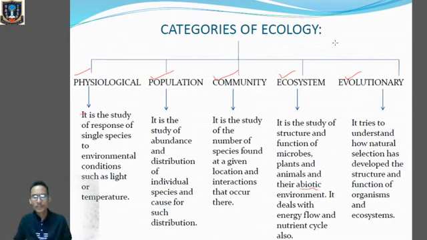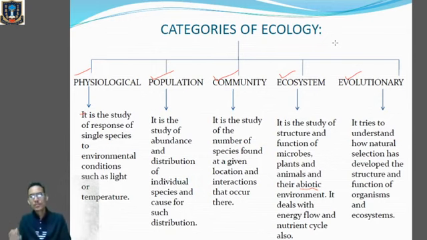So these are the five major categories of ecology. Physiological ecology deals with the interaction of a species with environmental conditions. Population ecology deals with the abundance and distribution of species and the regions of their distribution. Community ecology deals with the number of species present in a particular area and the interaction between them.